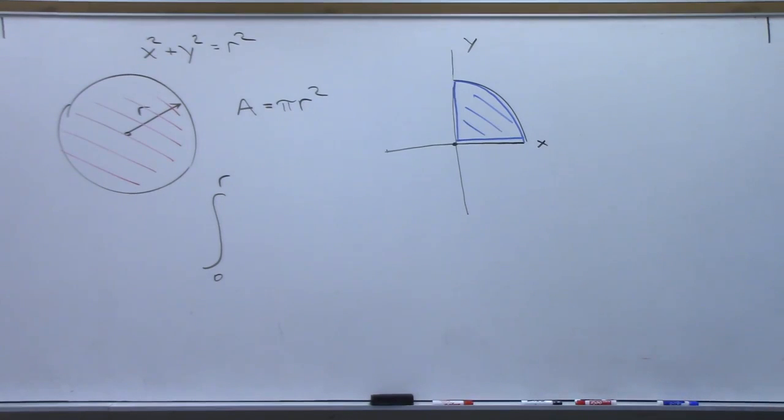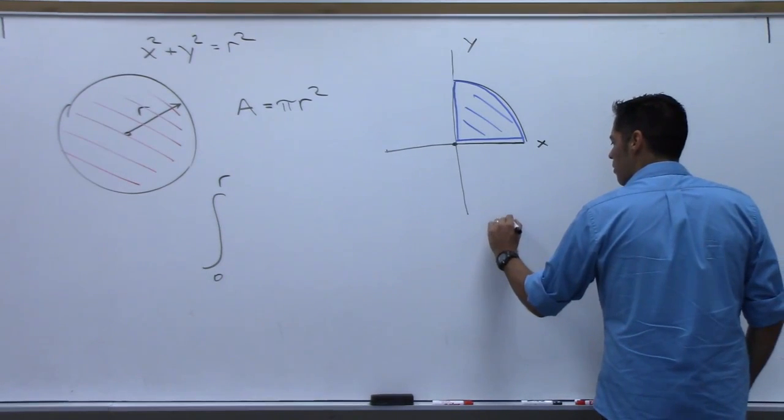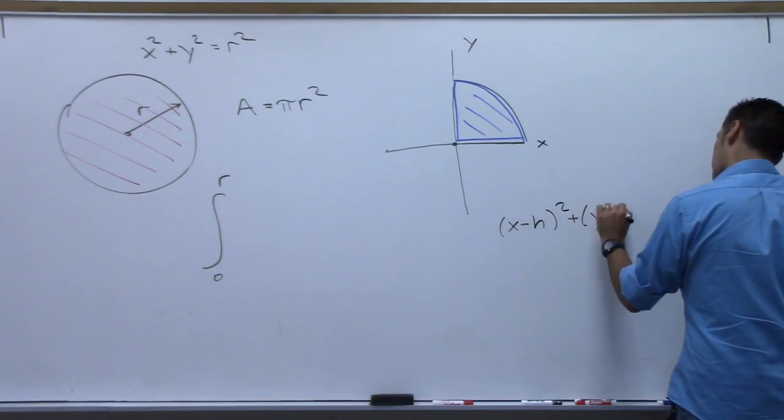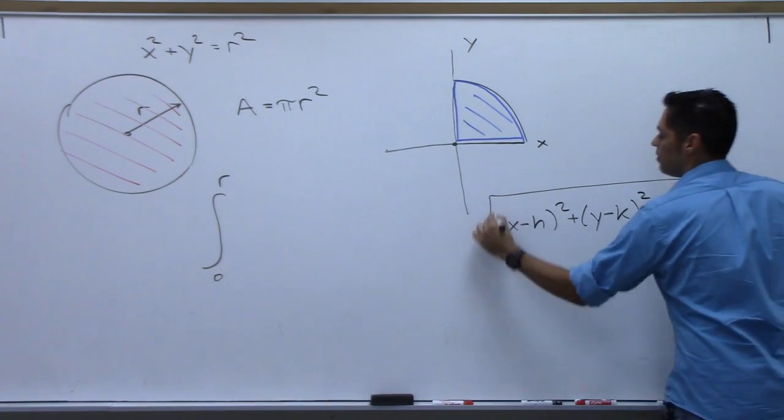That is the general formula of a circle that is centered at the origin with a radius of r. That actually comes from a more general formula that you hopefully, now that you've seen this, remember. This is the more general form of a circle.